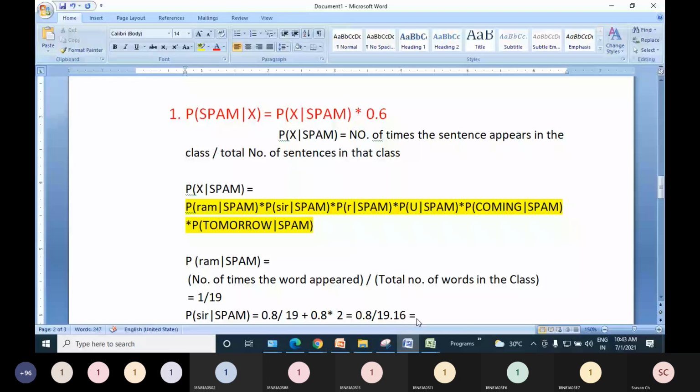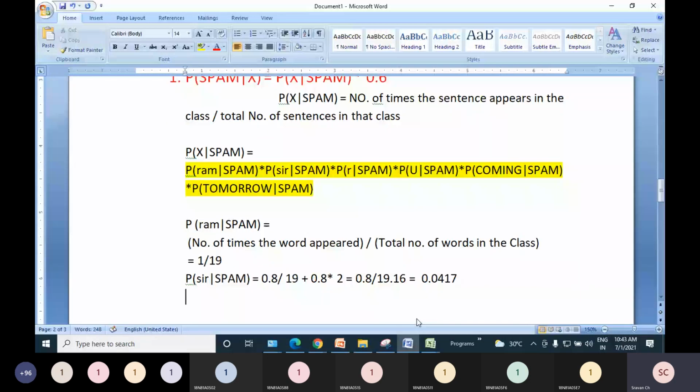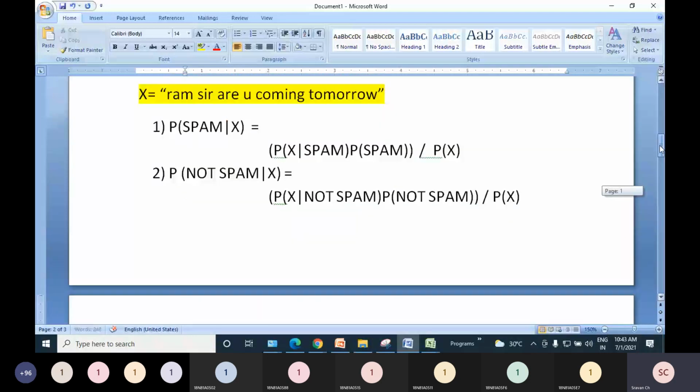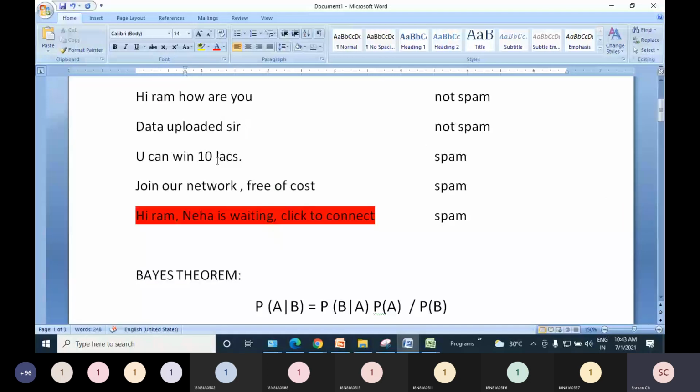So this will be 0.0417. Similarly, for R by spam, I am dealing with the spam class, so in the last 3 records I should look. Single R is not there, but U is there. Ram by spam is 1 by 19.